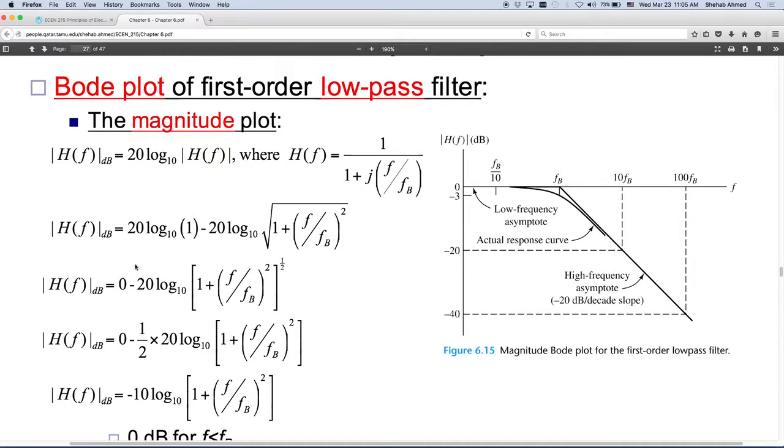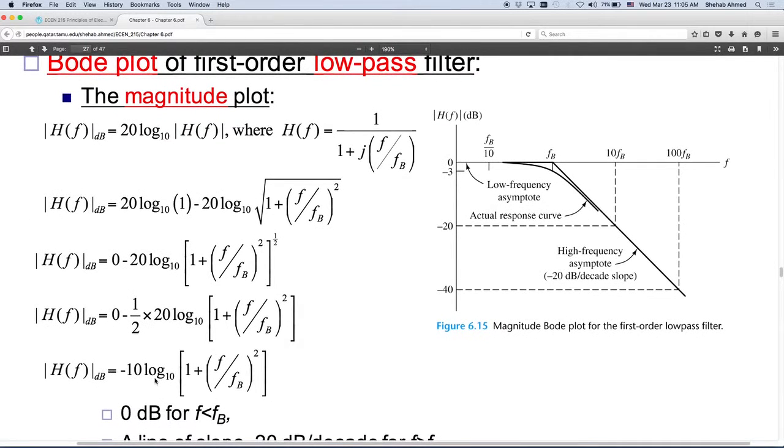It comes from the math that we have here, right? The negative comes from the fact that in the numerator we have 1 for the low pass filter here, and you end up with minus 20 times log of whatever was in the denominator. This square root you can bring outside, and bring down from your logarithmic identities, and you can rewrite this as the magnitude in dB equals minus 10 times log of this function, right?